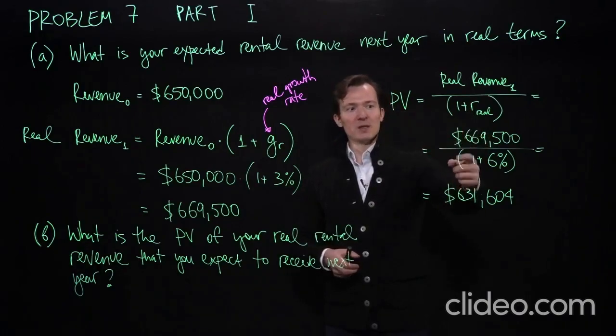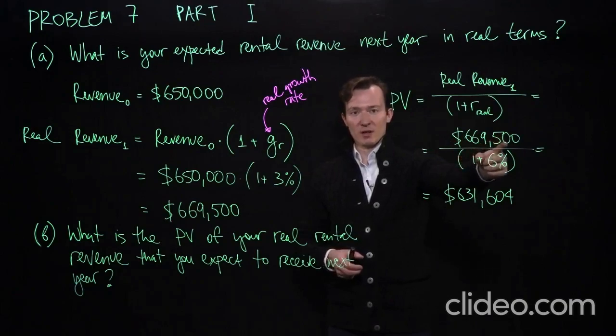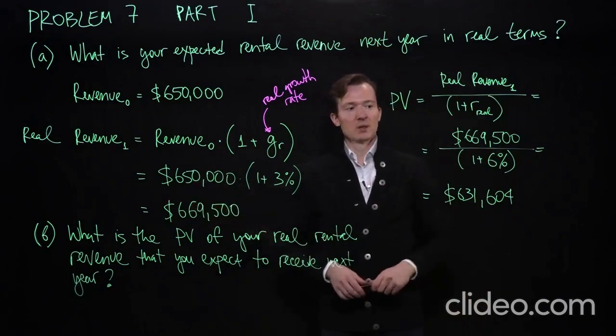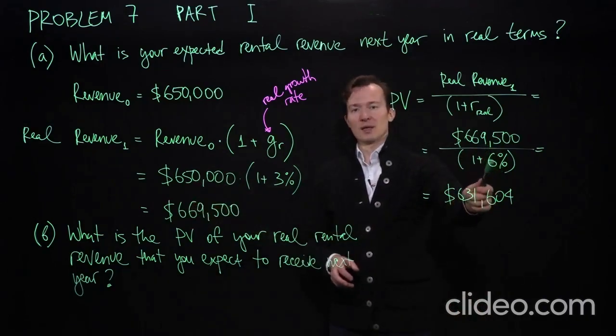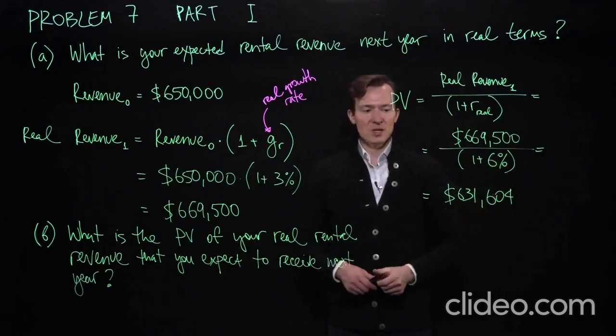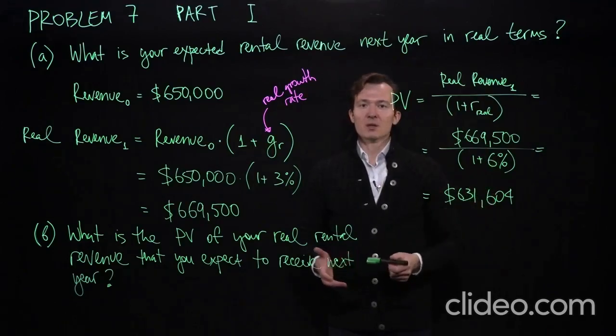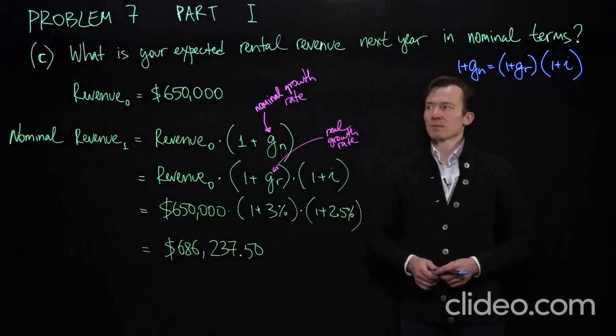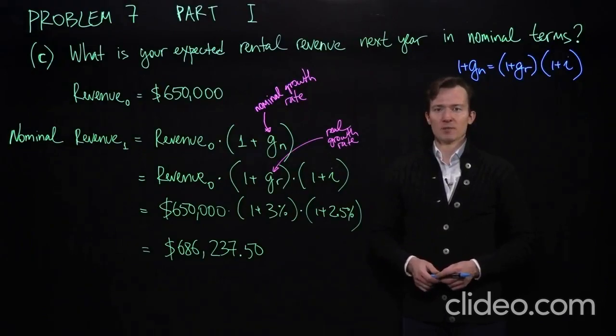Applied to our case, this is $669,500, which is our real revenue that we'll get next year, discounted to present at the 6% real discount rate, which gives us $631,604.